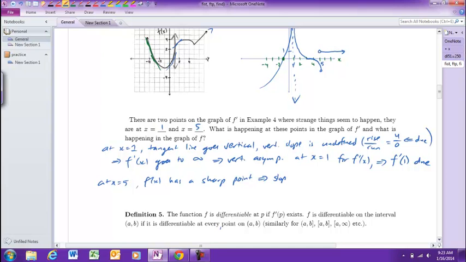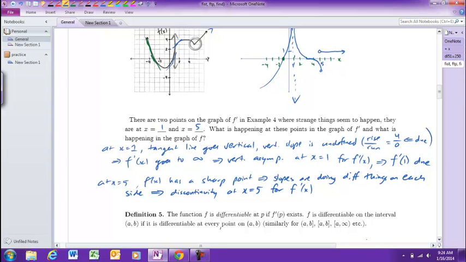So this means the slopes are doing different things on each side. Which means that we're basically getting a discontinuity. Our limit from one side is not the same as our limit from the other side. That's a discontinuity for f prime of x.